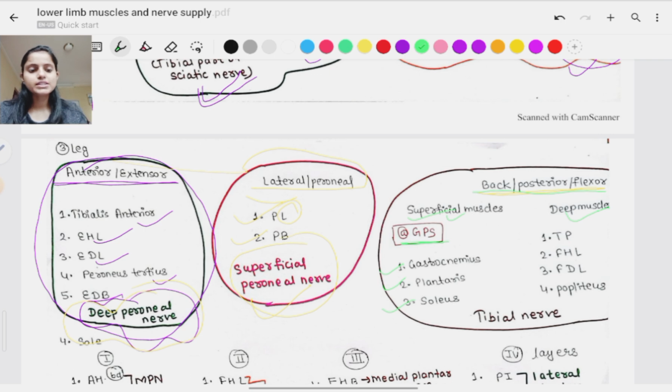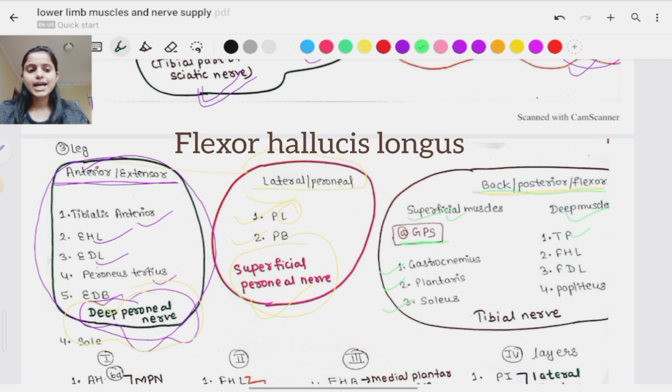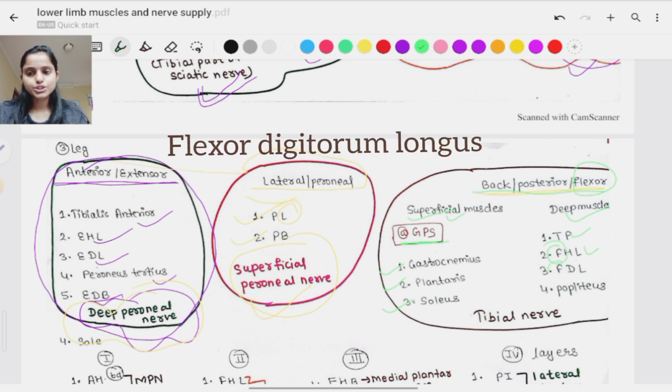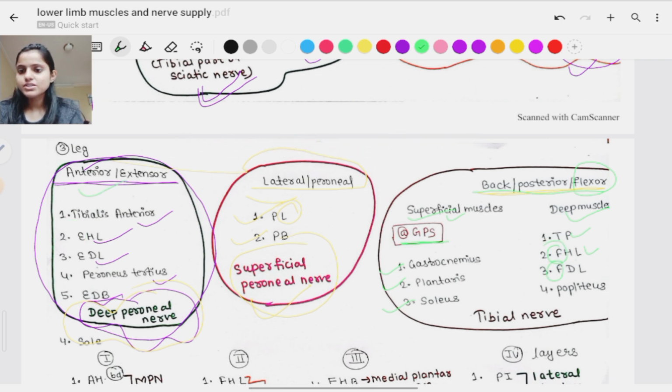In the deep muscles, it has tibialis posterior, flexor hallucis longus, and as it is a flexor compartment, flexor digitorum longus, and the popliteus. So the posterior compartment is supplied by the tibial nerve. So in the leg, the anterior compartment is supplied by the deep peroneal nerve, the lateral compartment by the superficial peroneal nerve, and the posterior compartment by the tibial nerve.